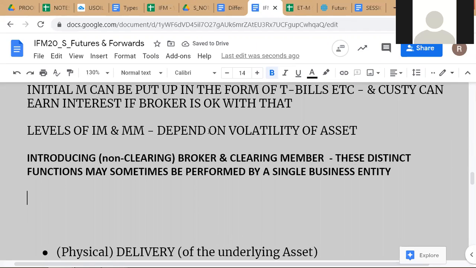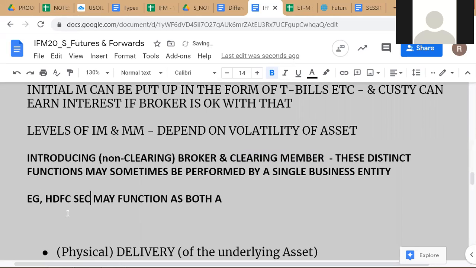So here what I'm saying is that let's say IB, okay, IB is not a good example, but IB looks like introducing broker. Let's put it this way.